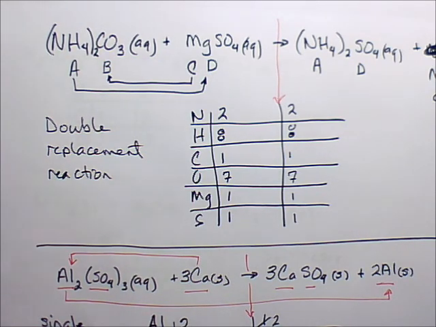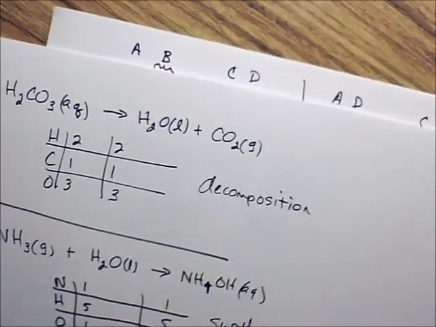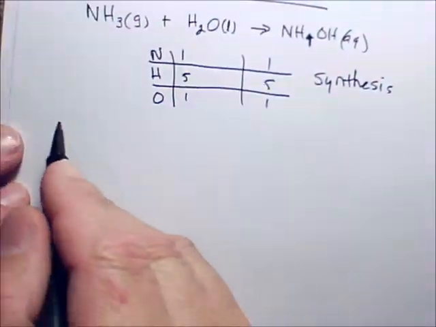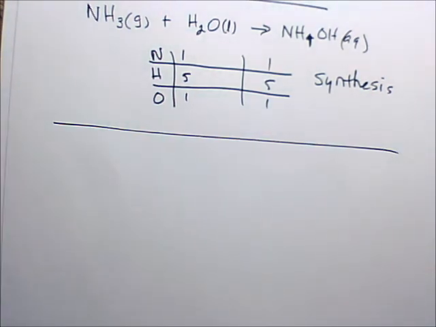But we'll get to that when we get to some other things, okay? Acid base or neutralization is a special category of double replacement that you have to double identify. If you have an acid base reaction, you have to identify it as double replacement and acid base.